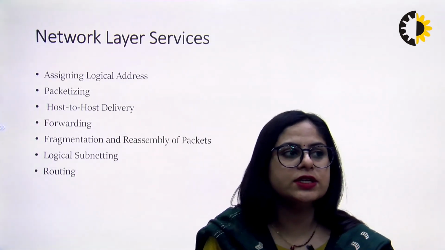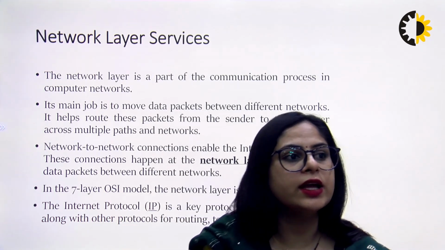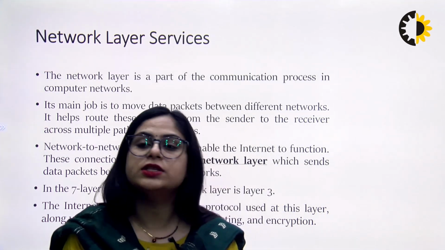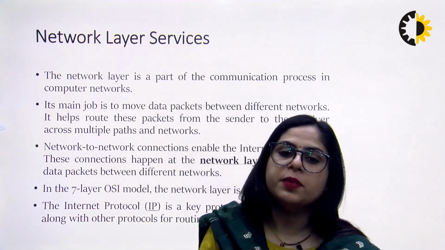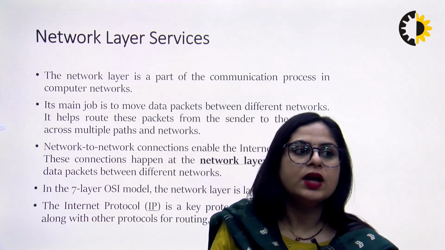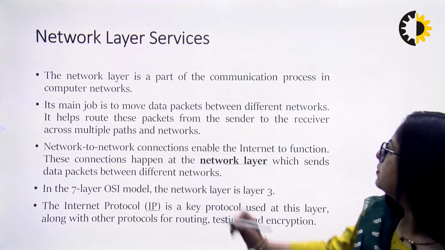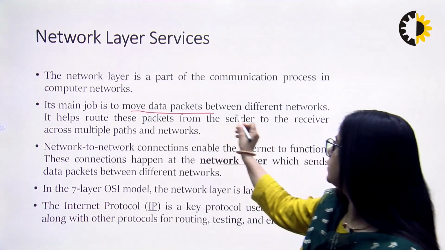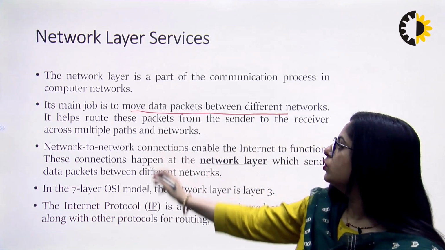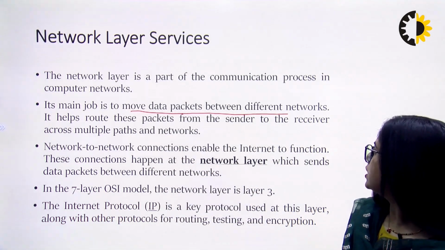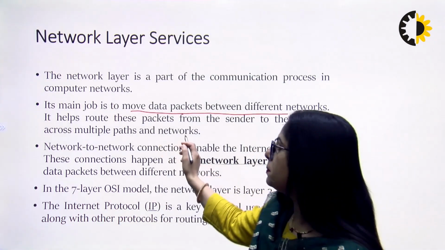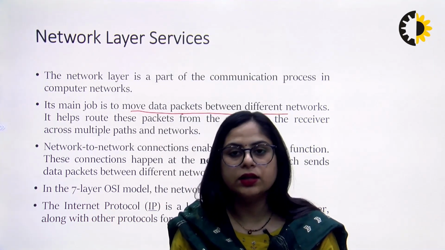Network layer services. The network layer is a part of the communication process in computer networks. Its main job is to move data packets between different networks. It helps route these packets from the sender to the receiver across multiple paths and networks.